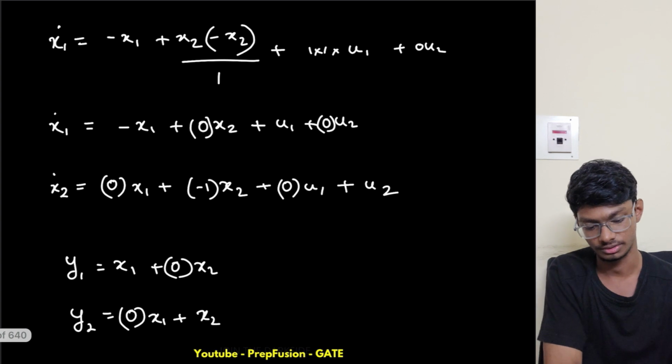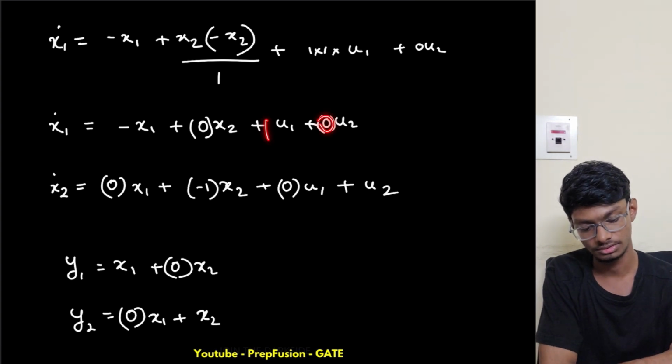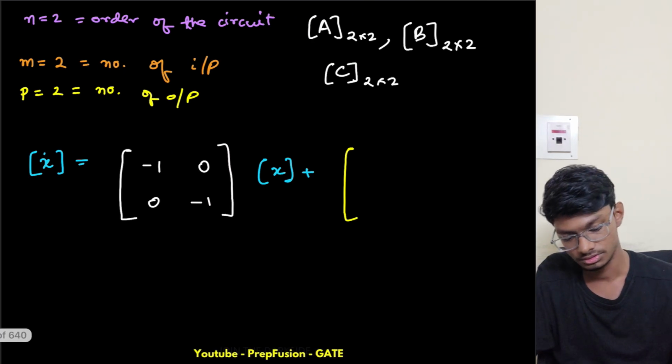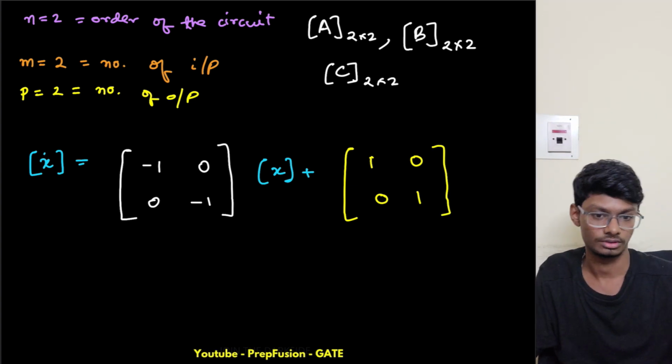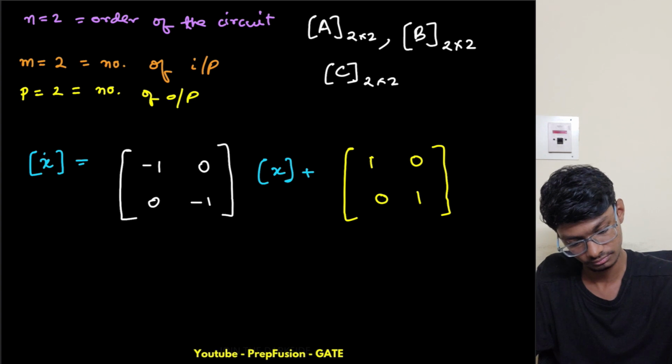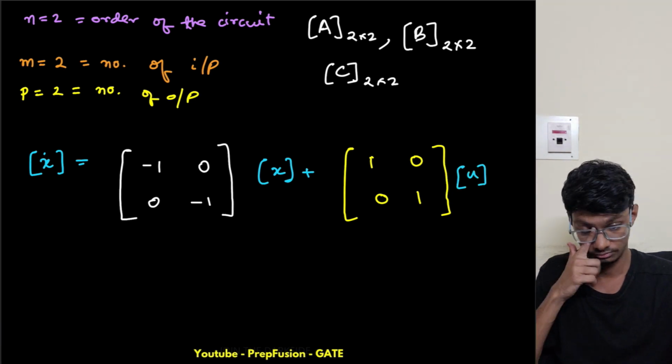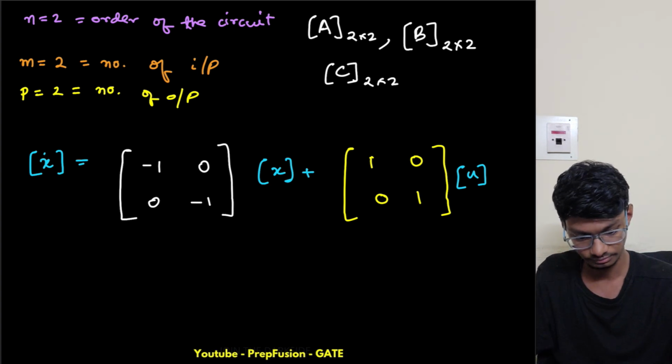B matrix is this one, 1 0 0 1. So it is 2 cross 2, as you can see, 1 0 0 1. And this is the Y matrix basically.